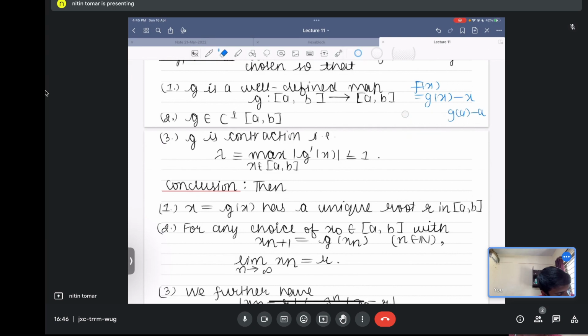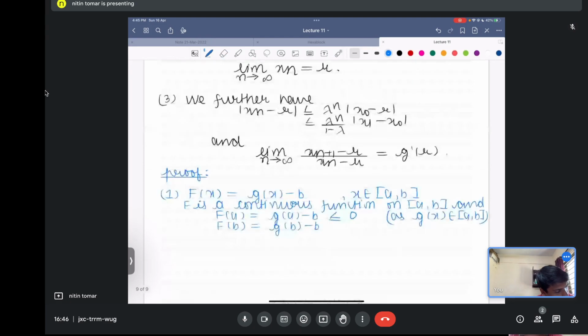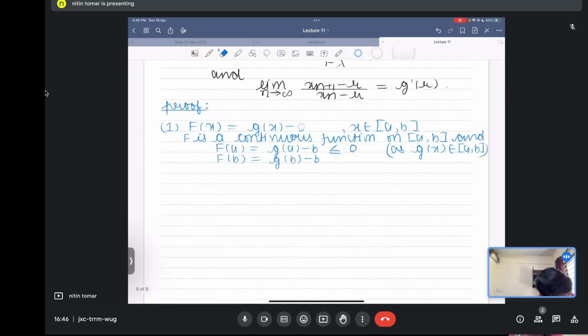So g of a minus a would be greater than or equal to 0, right? And g of b minus b will be less than or equal to 0. Yeah, that was the problem.